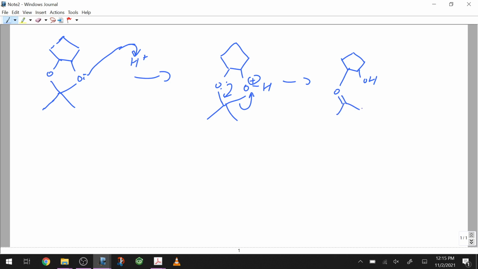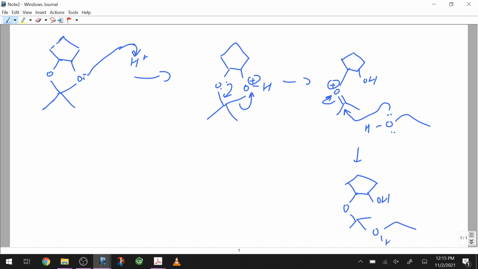So we now have this analog of acetone. We can't get rid of it directly, but what we can do is, as before, form an acetal out of it. So we're going to hit it with a different alcohol, and that's going to loosen it up. That's going to break that pi bond and give us a different acetal than we started with. So this also is an acetal. Still protonated. But it's an acetal.